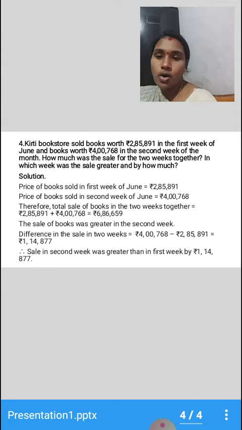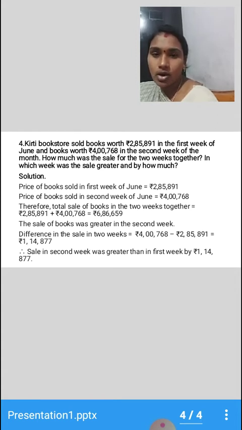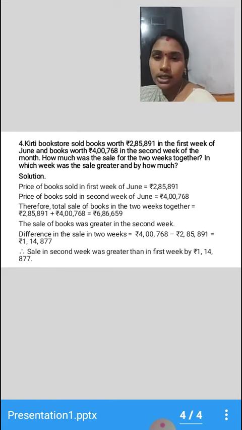So the fourth sum is Kriti's bookstore sold books worth 2,85,891 in the first week of June and books worth 4,768 rupees in the second week of the month. How much was the sale for the 2 weeks together? In which week was the sale greater and by how much?